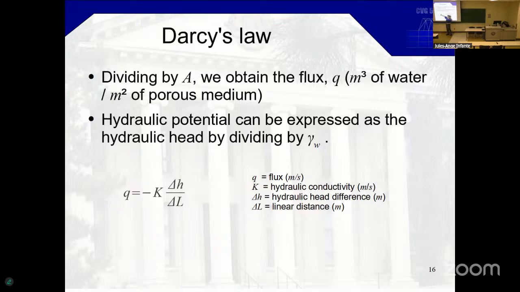So the pore pressure has disappeared and it's become the change in height, the height of a column of water. That's why the unit weight of water goes into hydraulic conductivity.